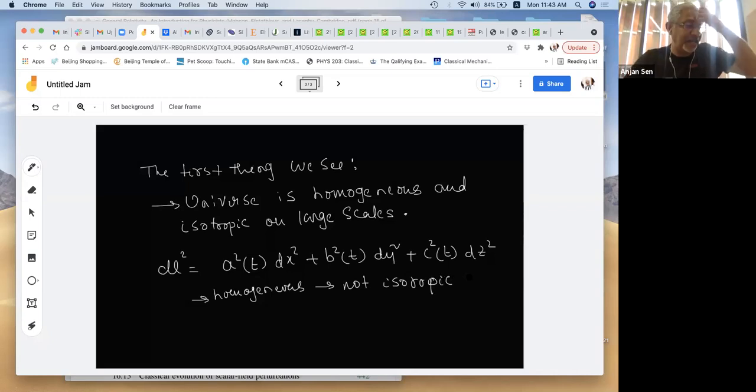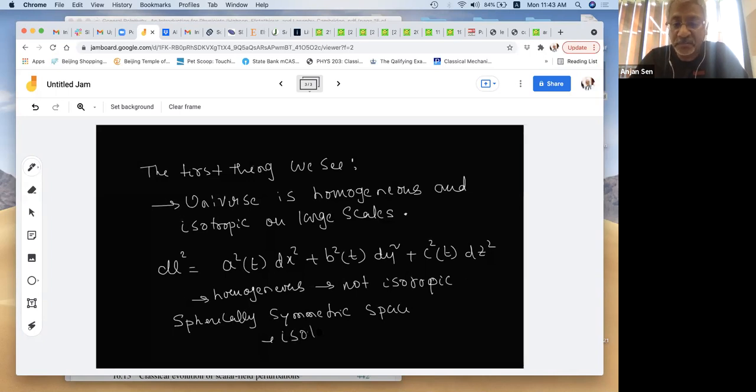On the other hand, I can take a spherically symmetric space, fine, which is isotropic, because spherical symmetry ensures that things are isotropic.